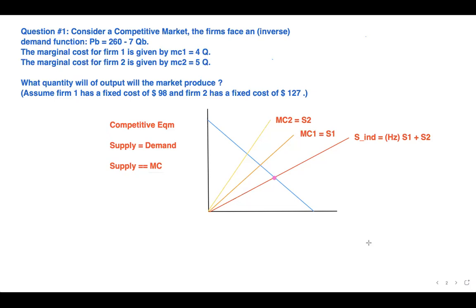So I've not done anything weird or different. It's just math: I'm constructing a function which is the sum of these other two functions, but horizontally.